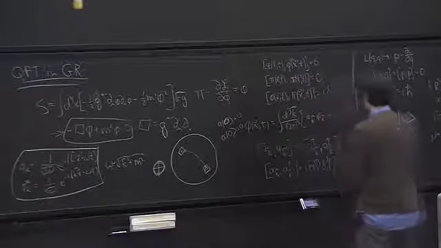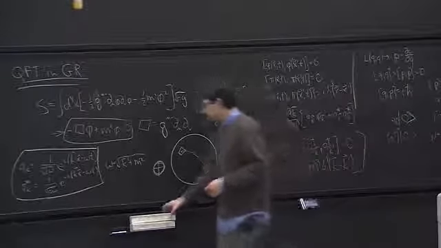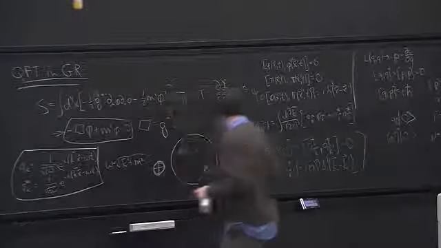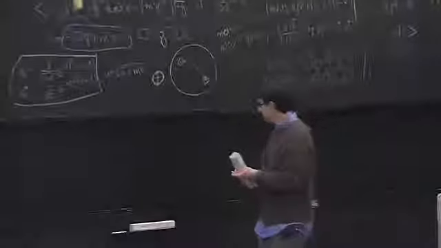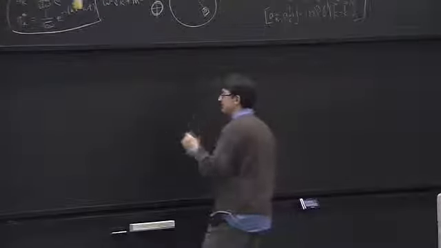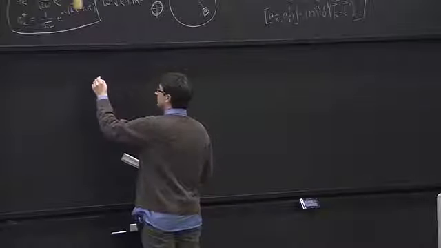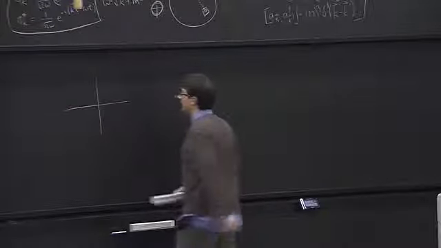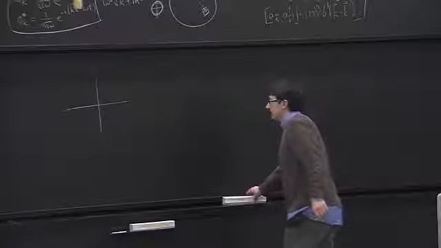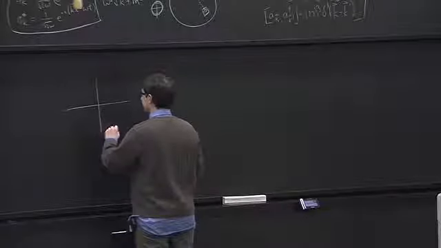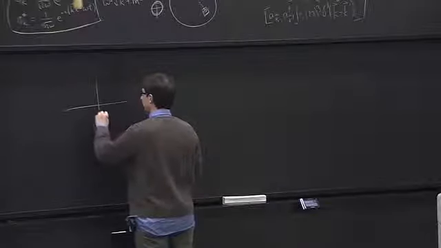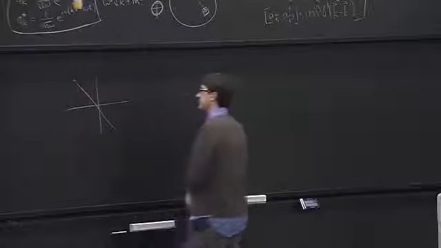And so the classic example of this, the thing we'll talk about tomorrow, is that you don't even need to go to curved space to see it. Just in Minkowski space, there's the distinction between positive and negative frequency according to an observer who's inertial, who's moving with a constant velocity through Minkowski space.